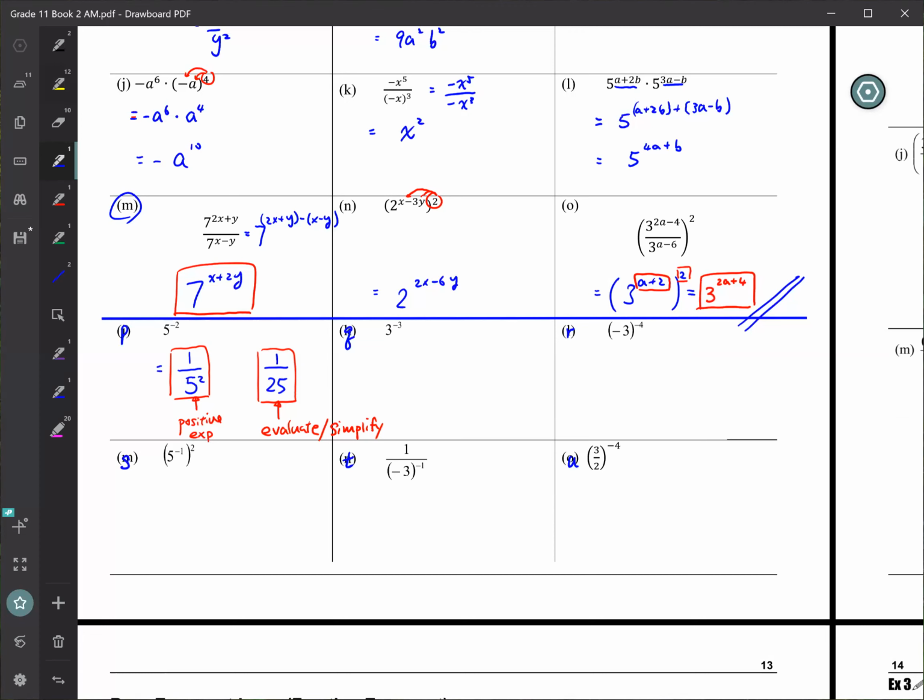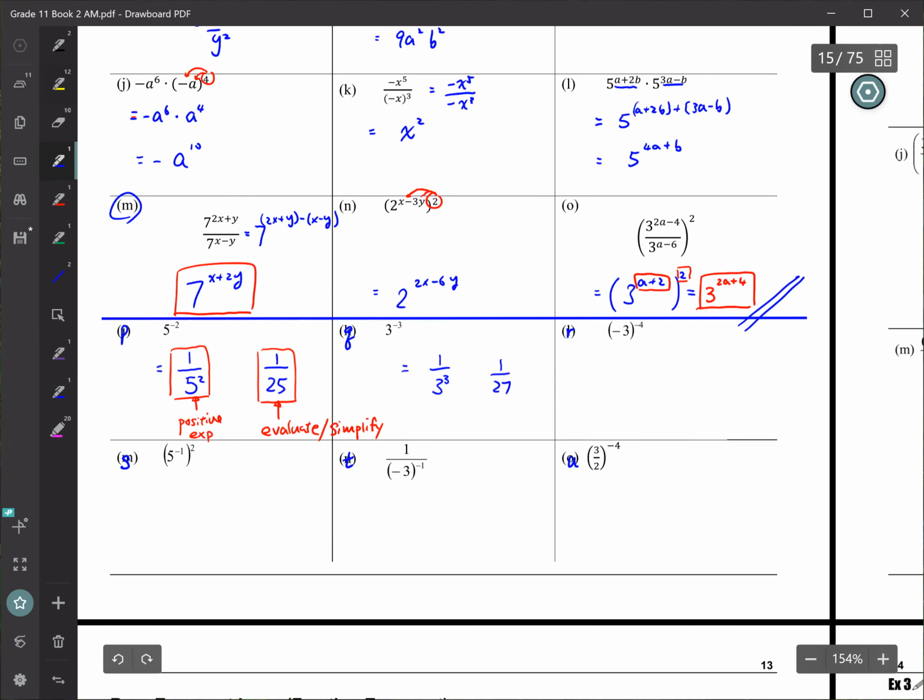Okay, question Q. Brendan? 1 over 27. We want to leave a positive exponent. Oh, sorry. 1 over 3 to the third power. Yeah. Okay. If it's positive exponent, you stop there. If they say evaluate, then 1 over 27.